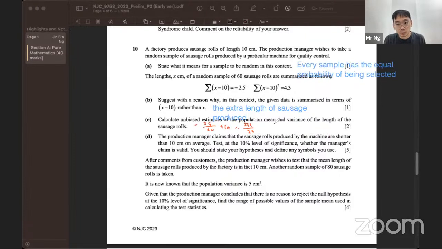Okay, so 1 over 59, 4.3 minus 1.5 squared over 6.